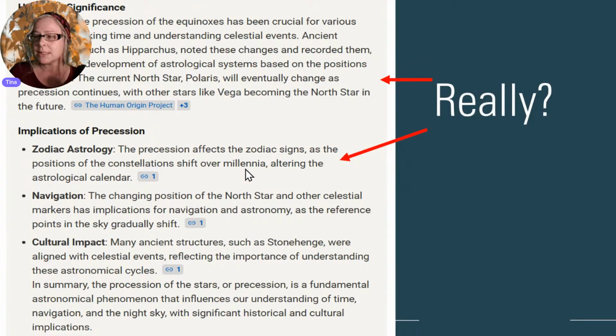Do we have witnesses in ancient historical documents or books that tell us that the constellations have shifted? I haven't read anything to tell me this. So the changing position of the North Star and other celestial markers has implications for navigation and astronomy as the reference points in the sky gradually shift.